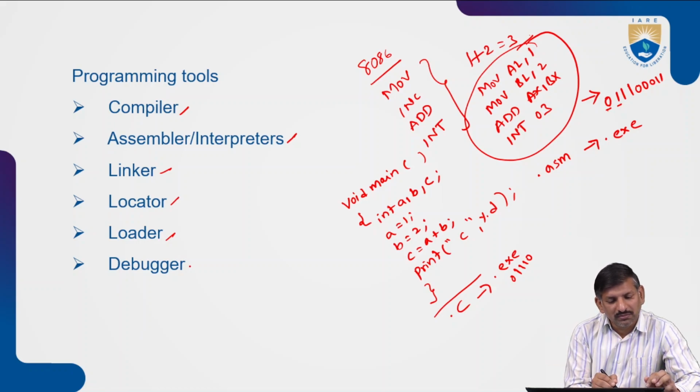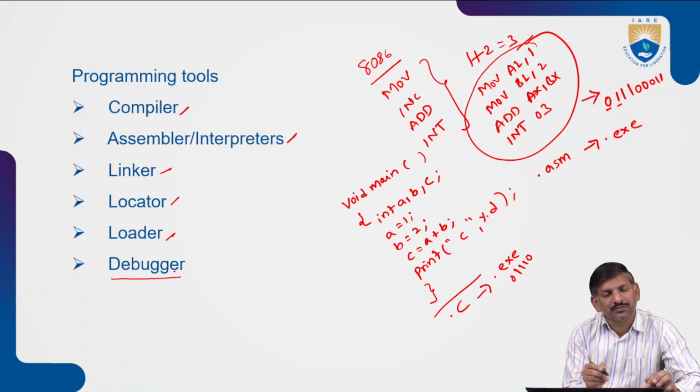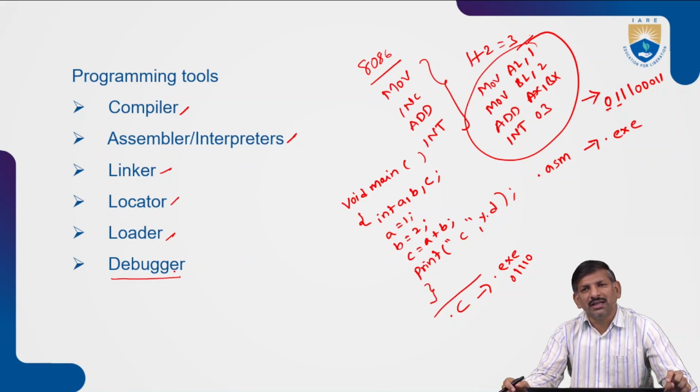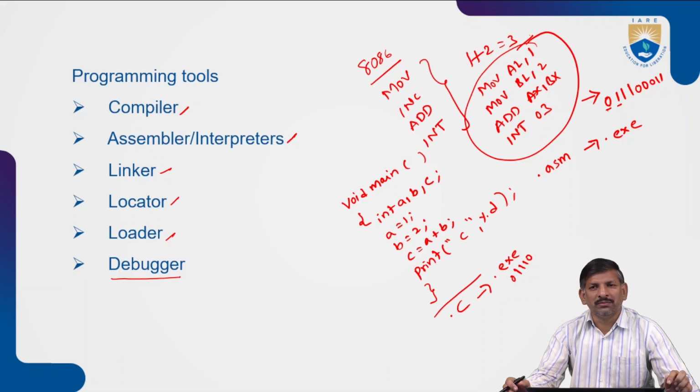Next, debugger. Generally, whenever we compile the program, if any syntax errors are there, we get those errors. Some semicolon is missing, some space is there, or some syntax is wrong. That is syntax errors.